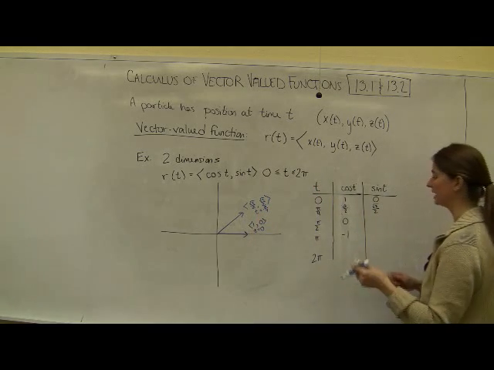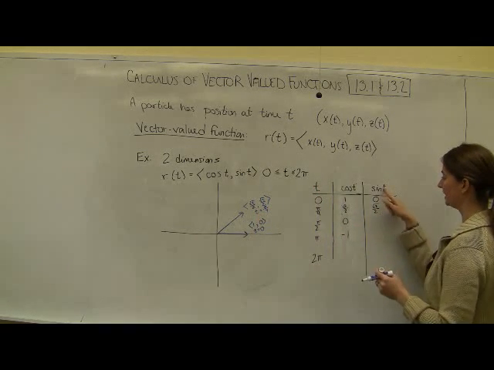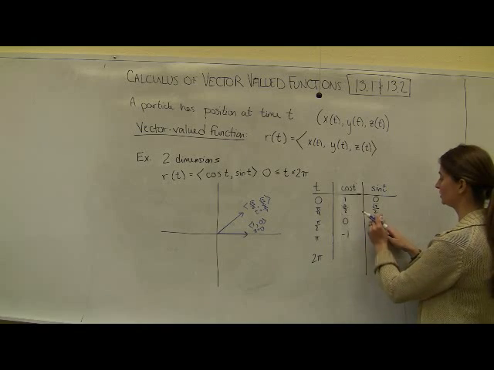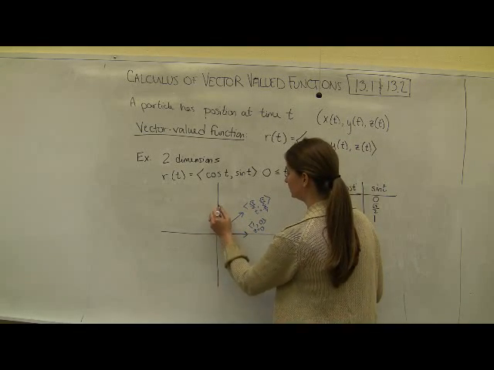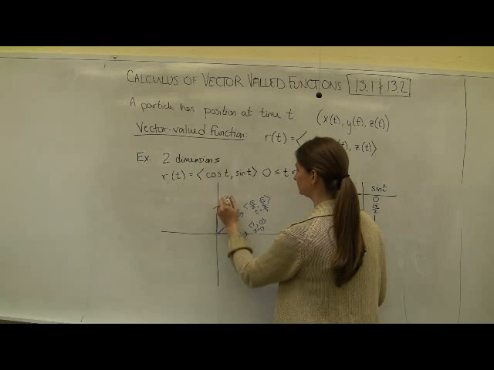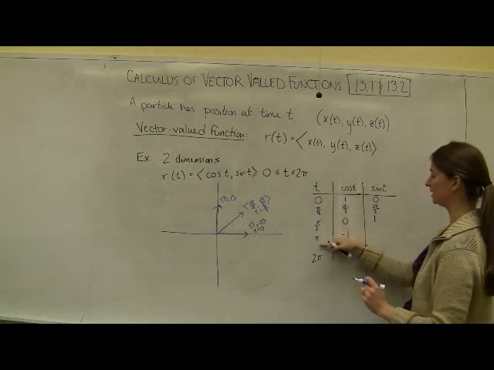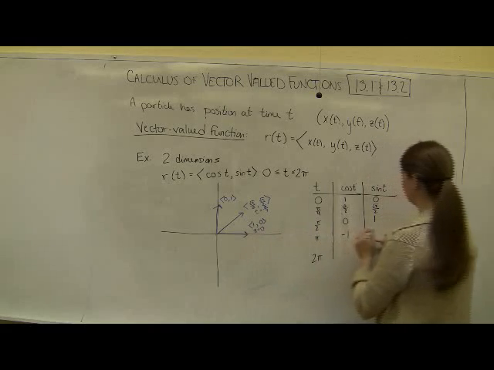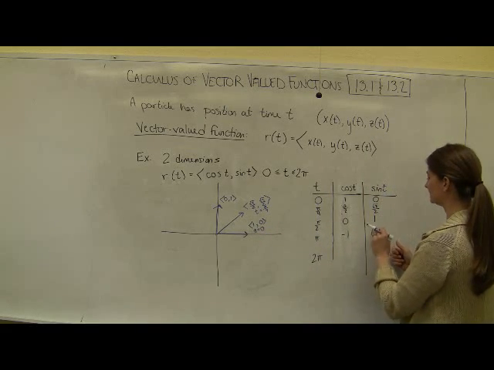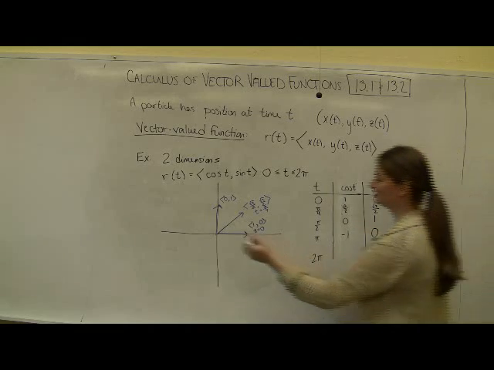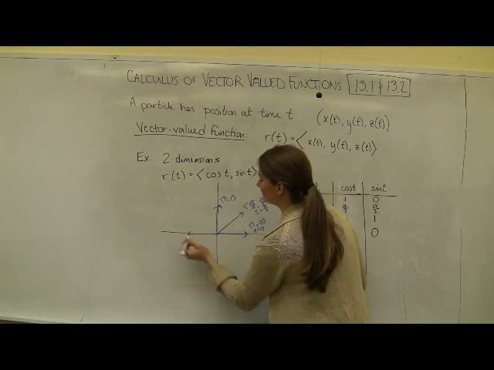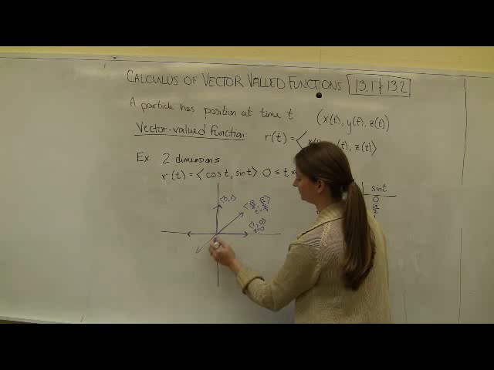I continue in this way. I see that at pi over 2, my y component is going to be 1, and I end up with the vector 0, 1. As t progresses all the way to pi, the sine of pi is going to be 0. I end up with a vector of -1, 0, and so forth.